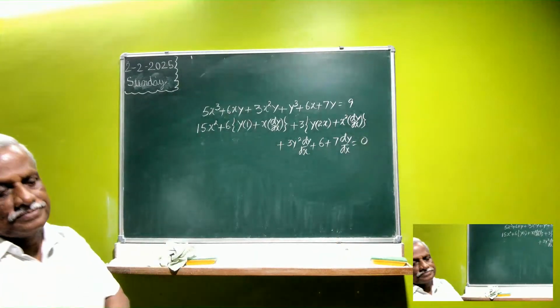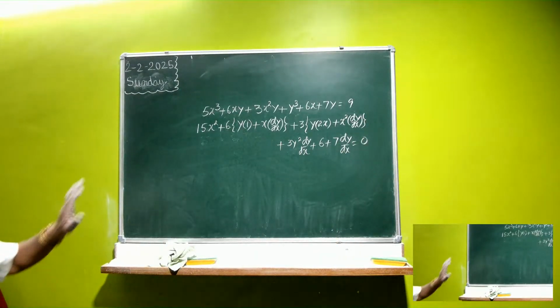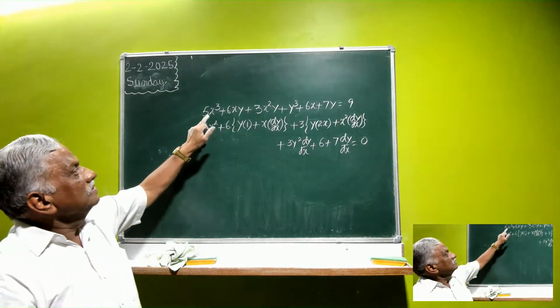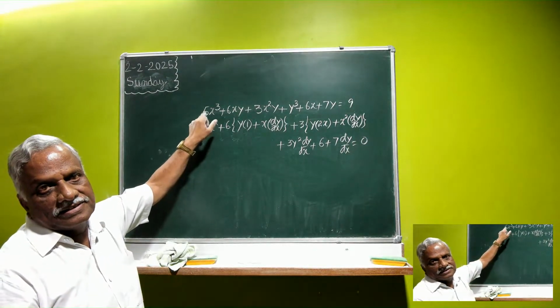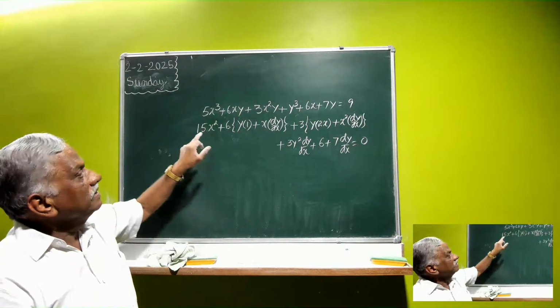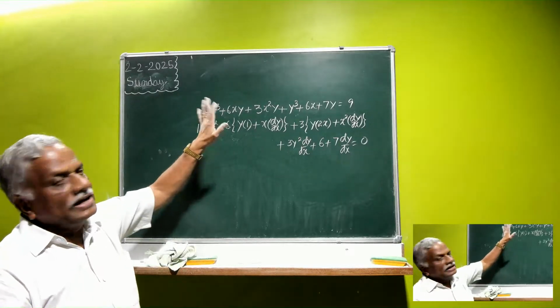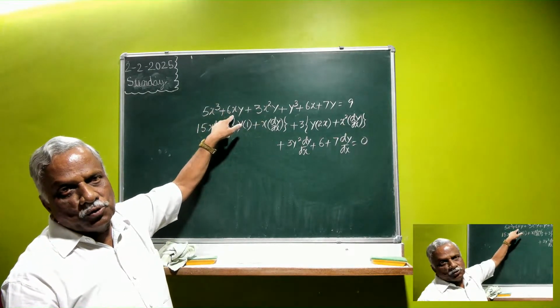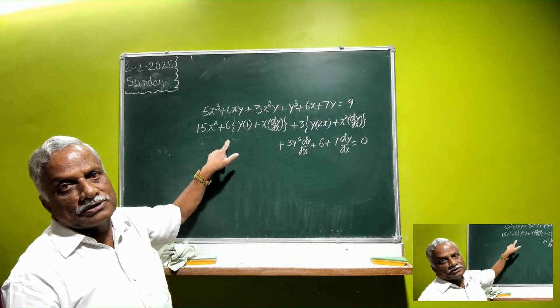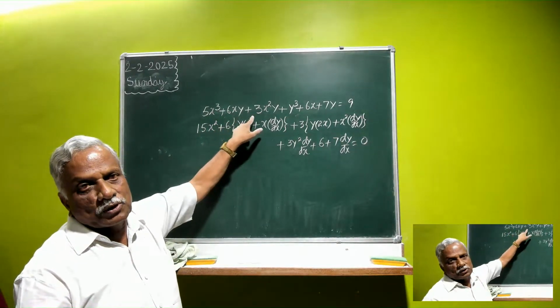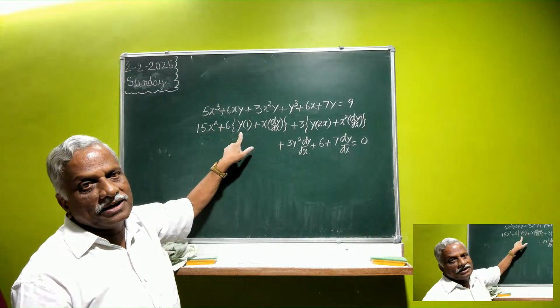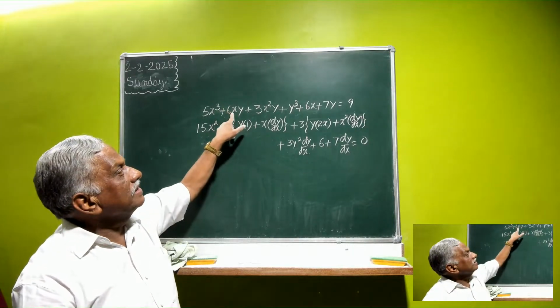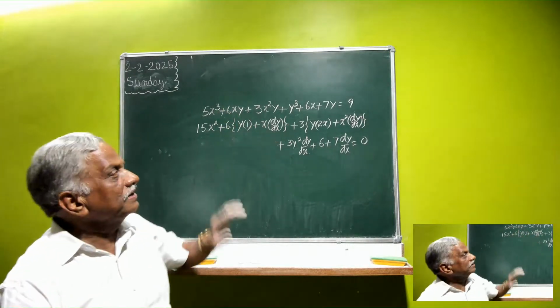I repeat this. I keep 5 as it is. x cube gives 3x square. It is 15x square. I notice that it's a product with a constant also. So let us keep the constant outside. Let us use the product rule. Keep y as it is, differentiate x. Keep x as it is and differentiate y.